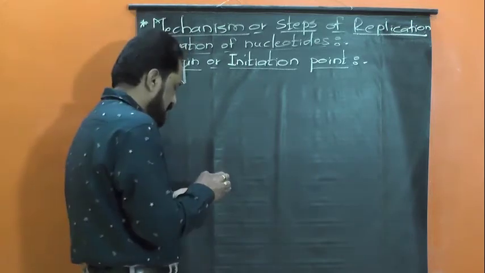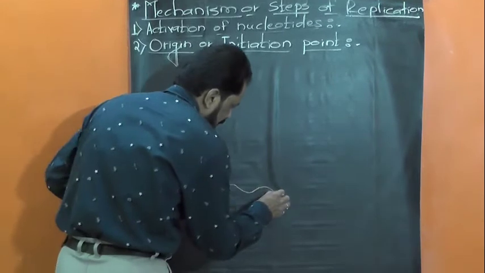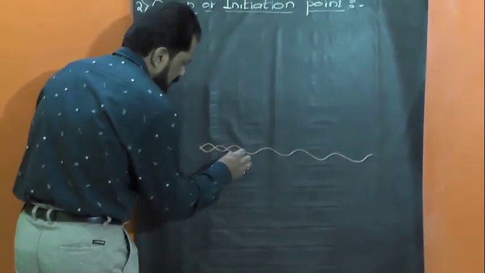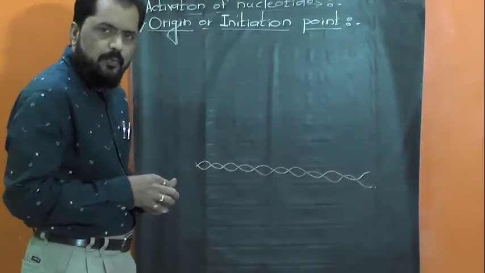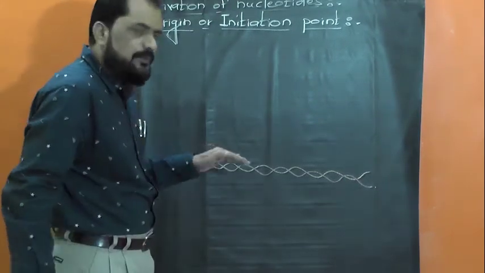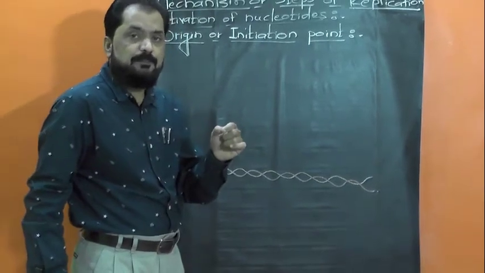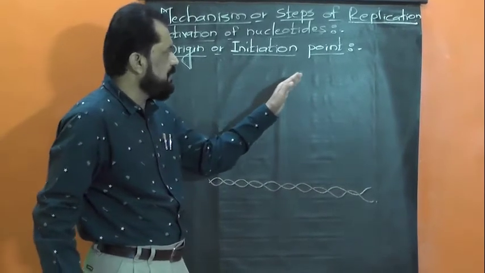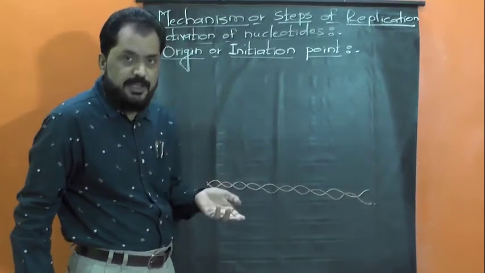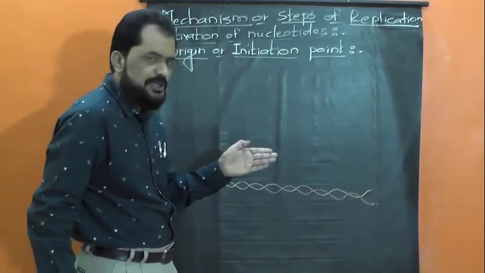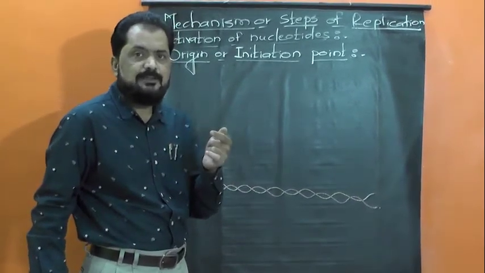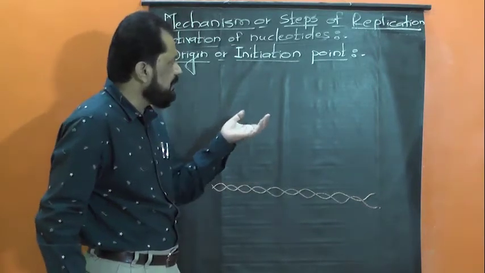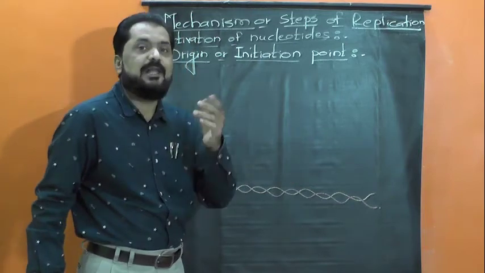Let me explain it. Suppose here is a double-stranded DNA molecule, a eukaryotic linear DNA molecule I am going to show. Now I said that the point where the actual process of replication starts is known as point of origin or initiation point. In eukaryotic DNA, the process of replication may start at more than one site, because in eukaryotes the DNA is large sized.